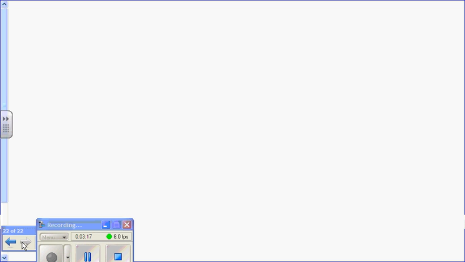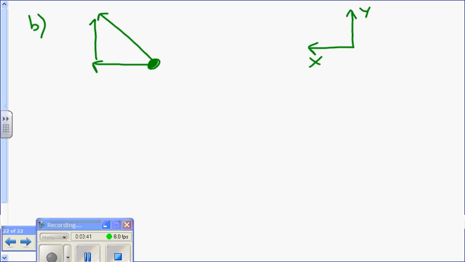In part B, it says draw a free body diagram and determine the normal force. This is really asking us to figure out that relationship.